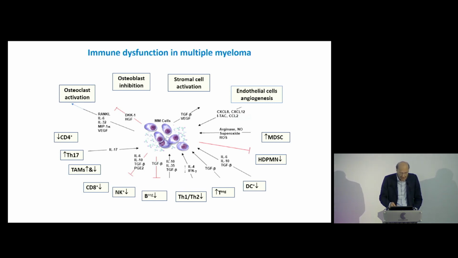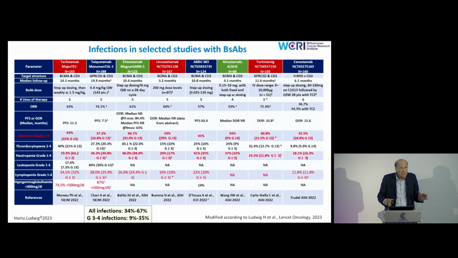Now, when you look at the general landscape of bispecific antibodies and the risk of infections, which is shown here in this line, you see that the risk for infections varies between 34 and 67%. And in the lower line, you see the risk of grade 3 and higher infections.